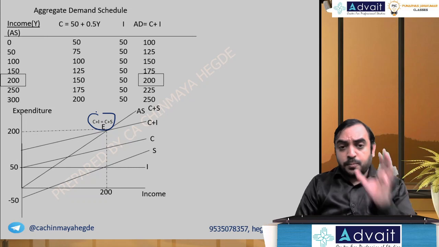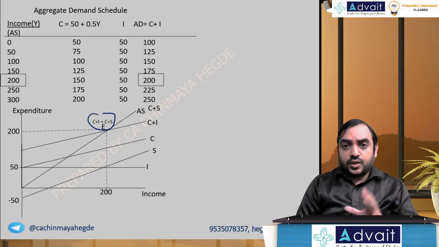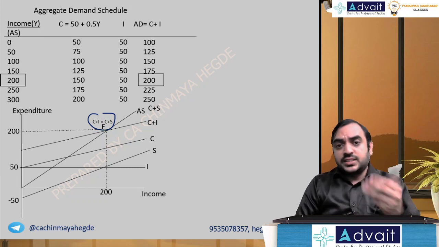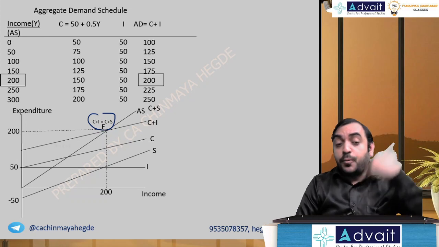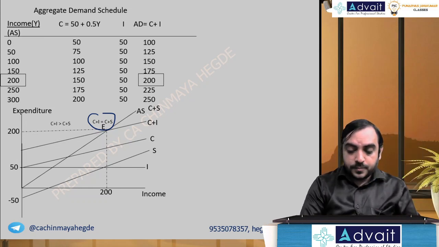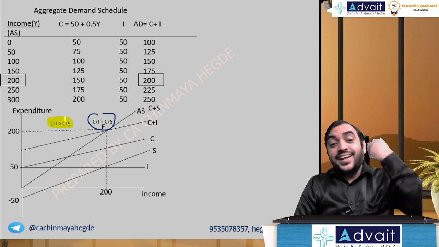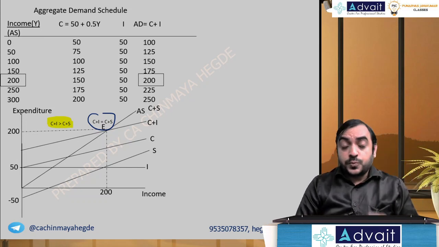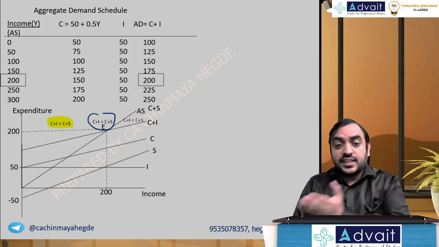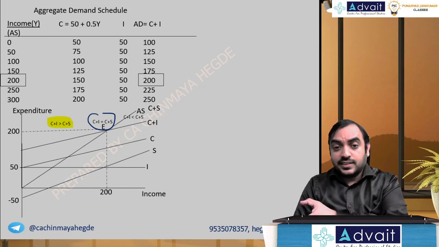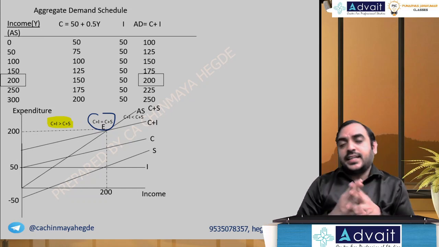But if you go any point above this point, you observe here, consumption plus investment will be greater than consumption plus savings, which means you are going to spend more than what you have. Whereas in the other case, you are going to spend less. That is, consumption plus investment is lesser than C plus S.